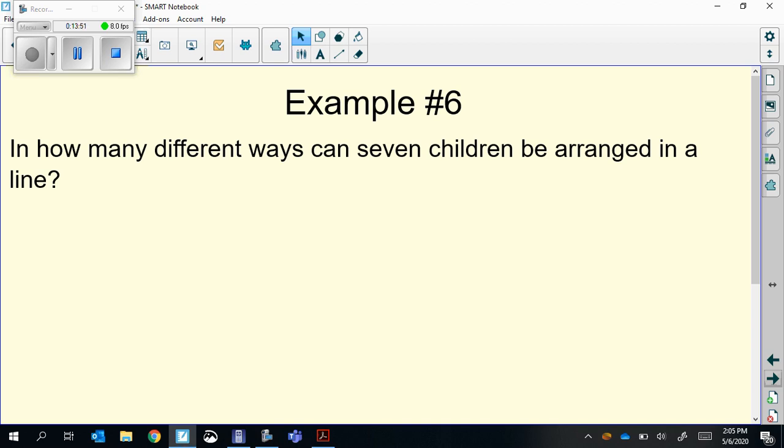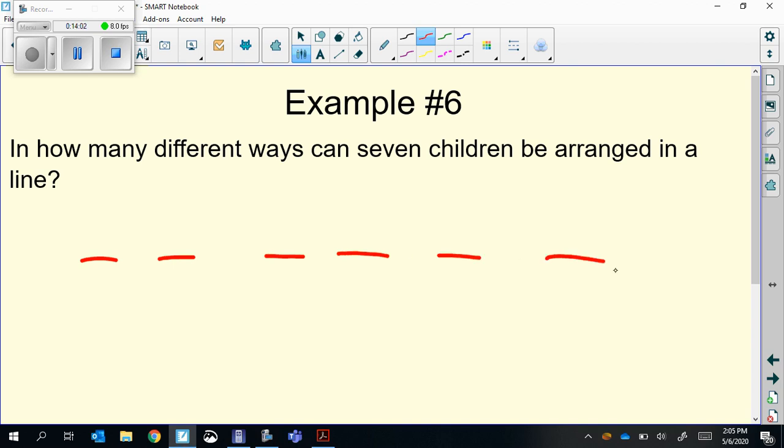So when there are 7 children to be arranged in a line, the way we were doing that with just the counting principle said we would have 7 spots. And then the first one you could put any of the 7, and then 6, because you cannot have the same child in 2 different spots.